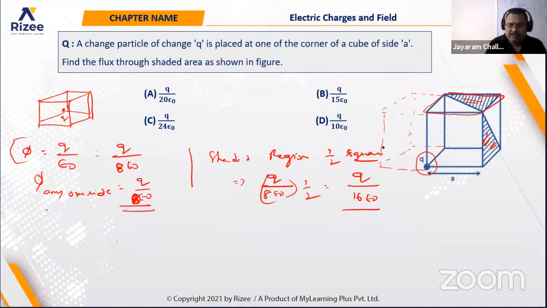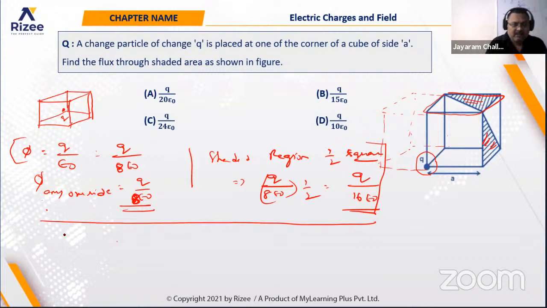Now coming to this question, please. In total there will be 8 cubes, and now the charge is exactly at the center. The total flux is q by epsilon naught according to Gauss's law. With 8 cubes, from each cube it will be q by 8 epsilon naught.